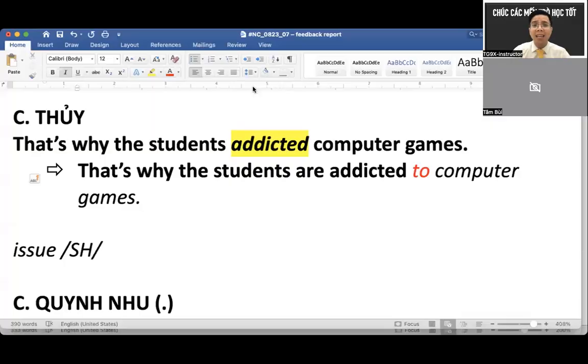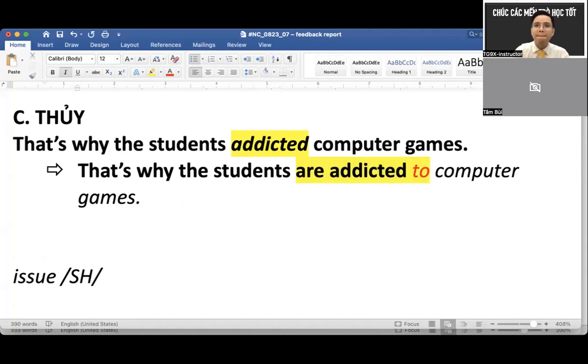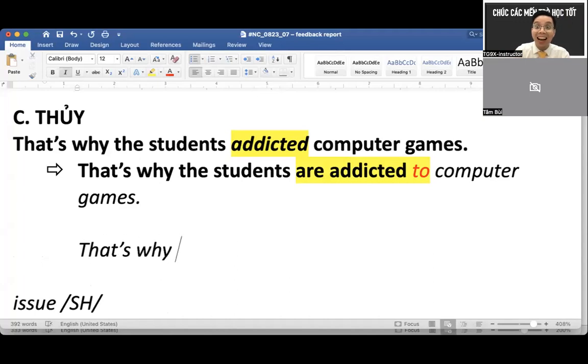Very good. Can you make another sentence using the word are addicted to, but not this one? Another sentence, a different sentence. Yes, but what I'm looking forward to is make another sentence using this phrase, addicted to.